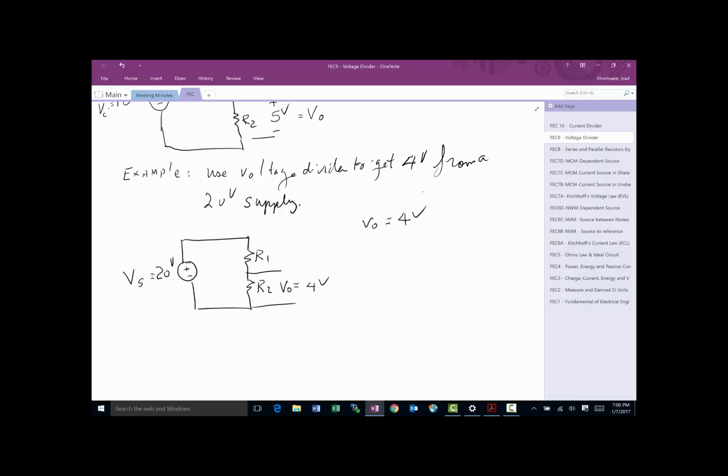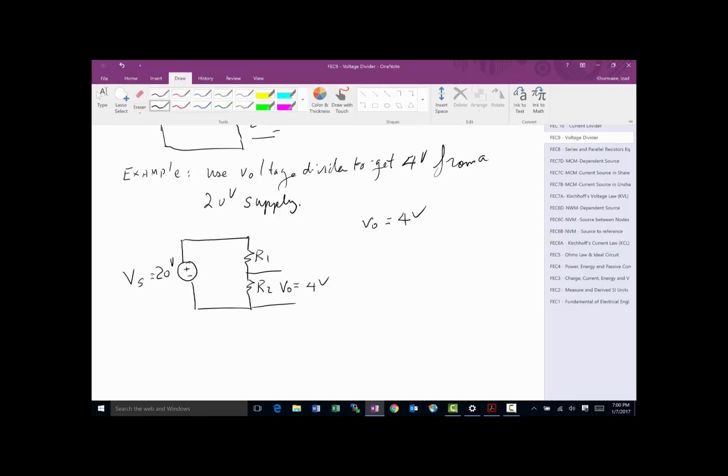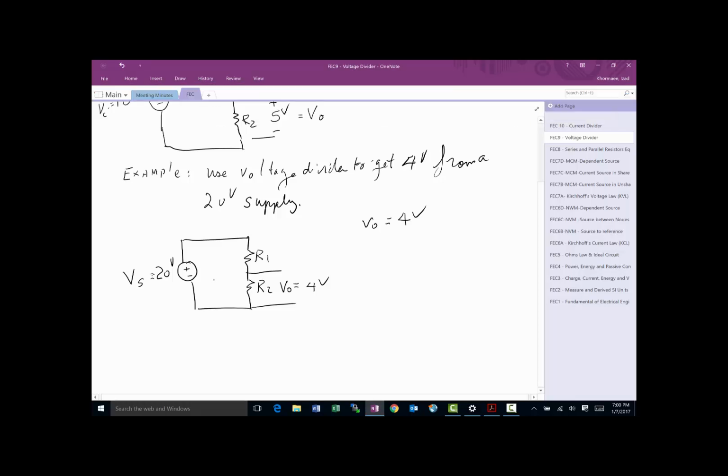So in this case, we notice that we can use KVL by calling this current I and going around the loop. So if I do KVL, I will have minus 20 plus R1 I plus R2 I equal to 0.